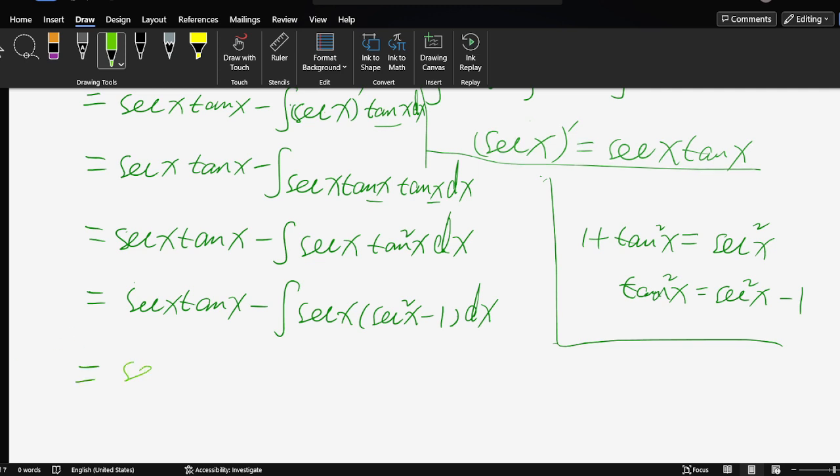So here again, secant x, tangent x, just copy. So minus secant x, so secant x, this one, secant x squared, so secant x cubed minus secant x dx.